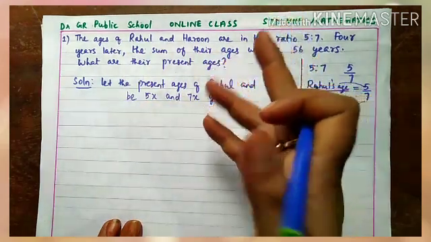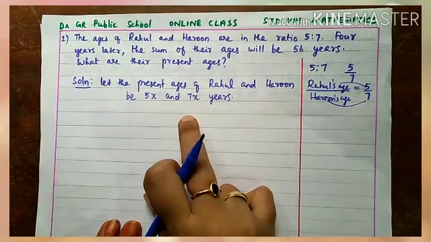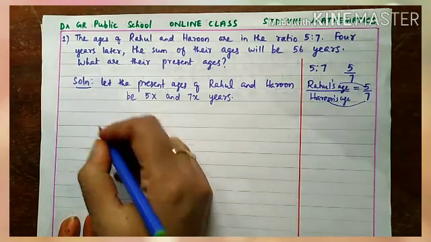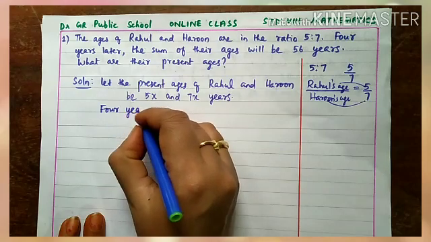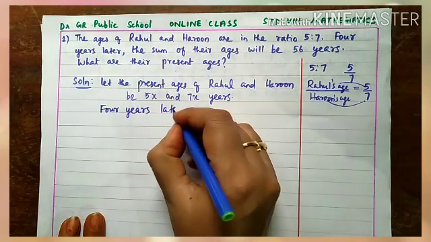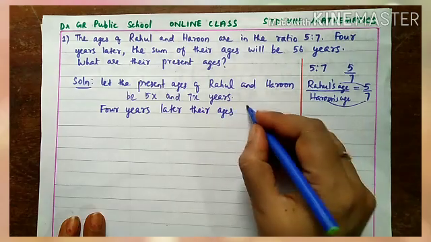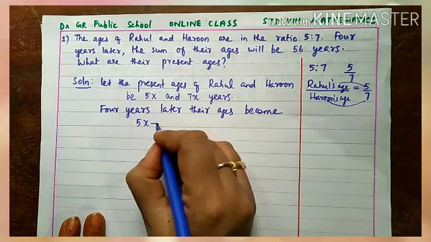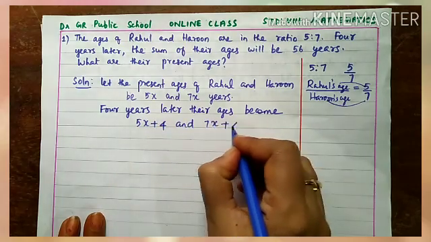So how to write? 4 years later, their ages become 5x plus 4 and 7x plus 4, correct?